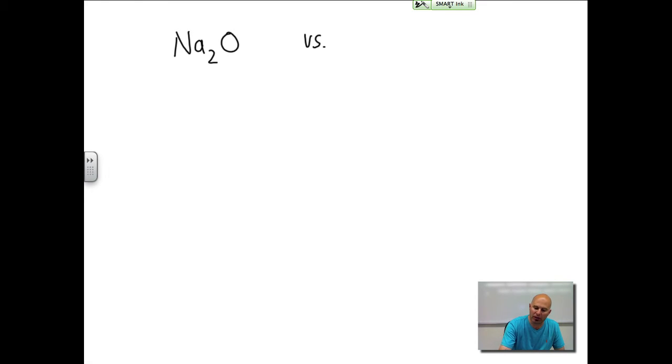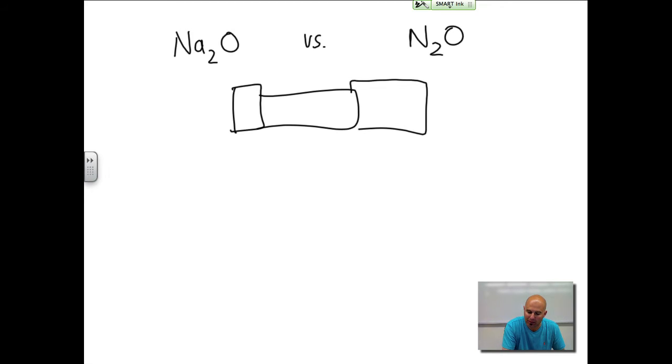Na2O versus N2O. Now notice, if I were to draw my periodic table again here, Na is over here. O is over there. N is over here. And O, of course, is over here.